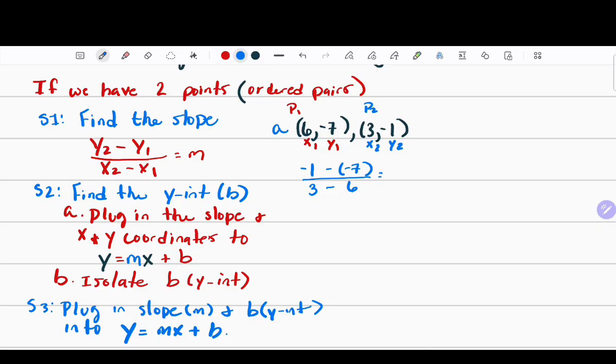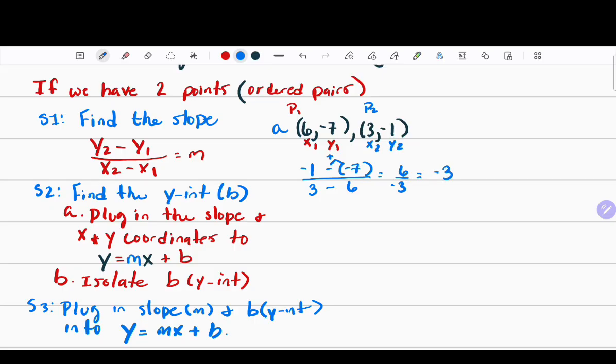So we got to get our slope. -1 minus -7. Remember, anytime you got 2 dashes, they cancel out, just change to a plus. That's -1 plus 7. That's 6. Then we have 3 minus 6 is -3. Our 6 divided by -3 is -2.